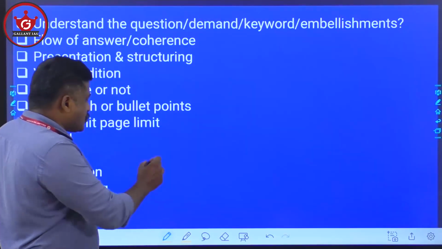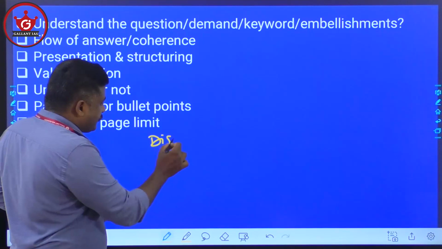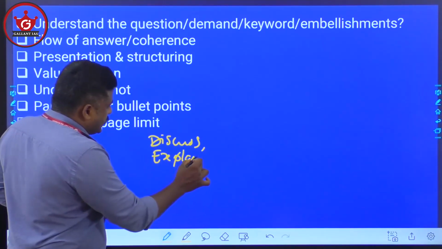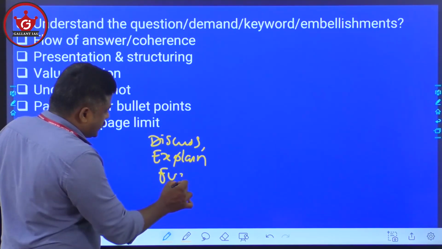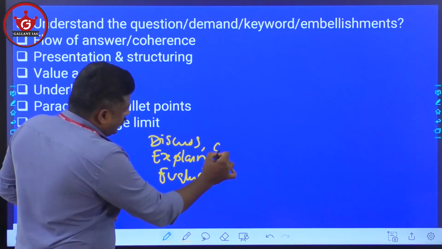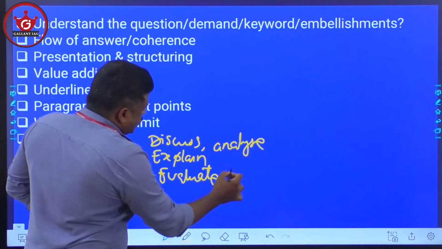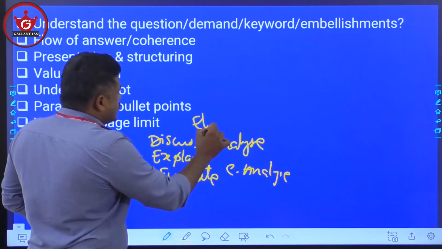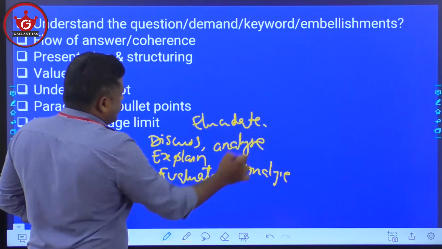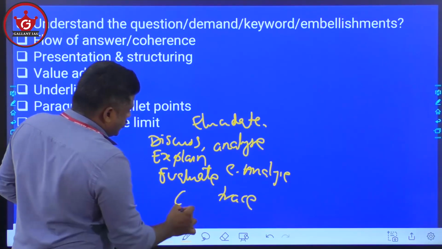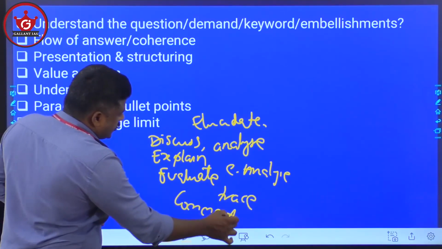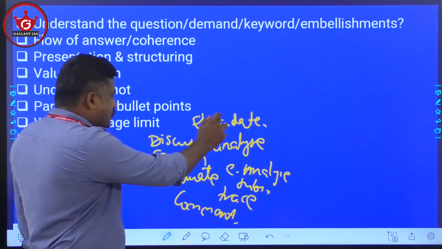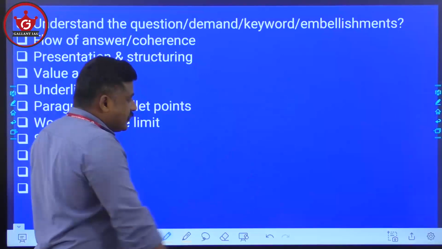You might have seen in questions: discuss, or explain, or evaluate, or analyze, or critically analyze, or elucidate, or trace, or comment, or substantiate. Different keywords are there. More or less, this will not make that much difference, but it is important.